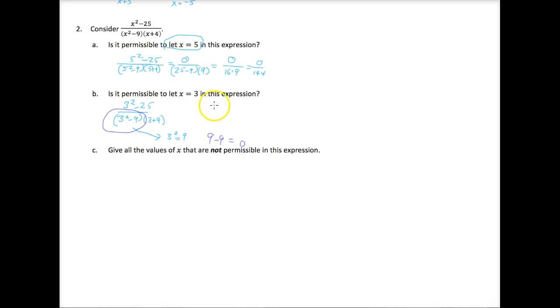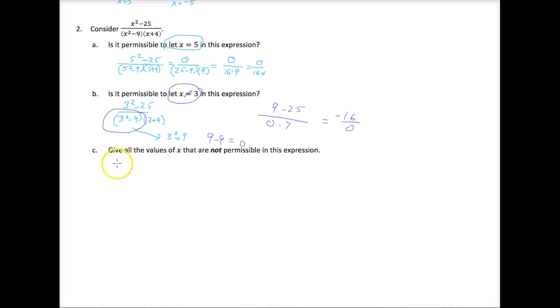So this is going to turn into 9 minus 25 over 0 times 7. And regardless of the fact that 9 minus 25 is a lovely negative 16, it's over 0, and we're in trouble. So is this permissible? No.